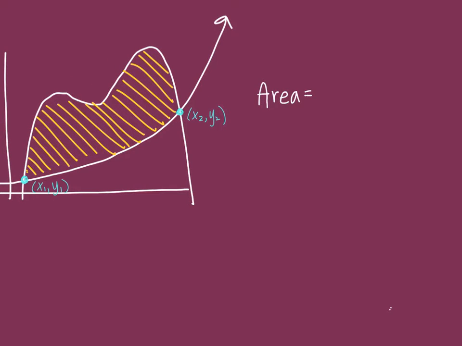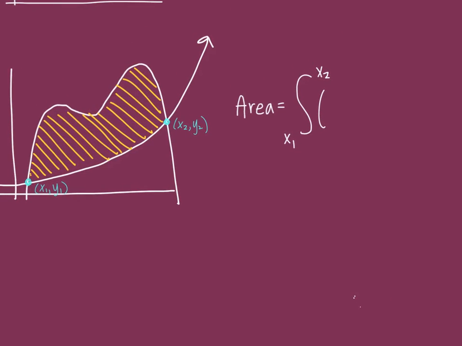Our area, if we decided to use the x values, then we would say we're going from x1 to x2, parentheses, and then you list the upper function minus the lower function. We list f of x, which is the higher of the two functions.